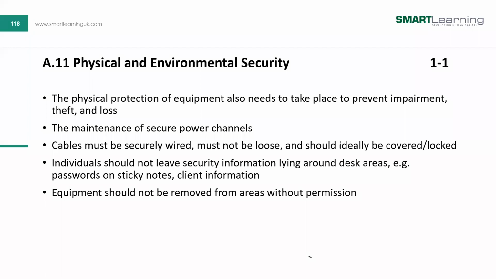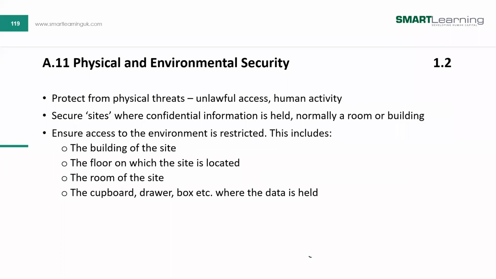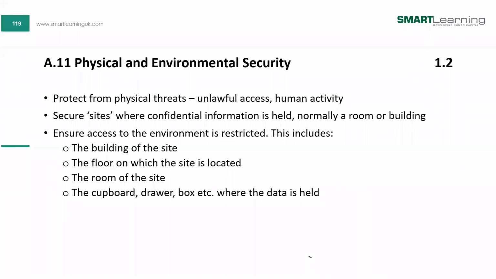Okay, cool. So we want to protect from physical threats, unlawful access, and trespassing. Sometimes it might even be that we don't want people to see what we're doing inside, so we shield it with screens, sun screens, and things like that. Everything around unauthorized physical access, even accidental, that we want to protect against, we would use physical security.